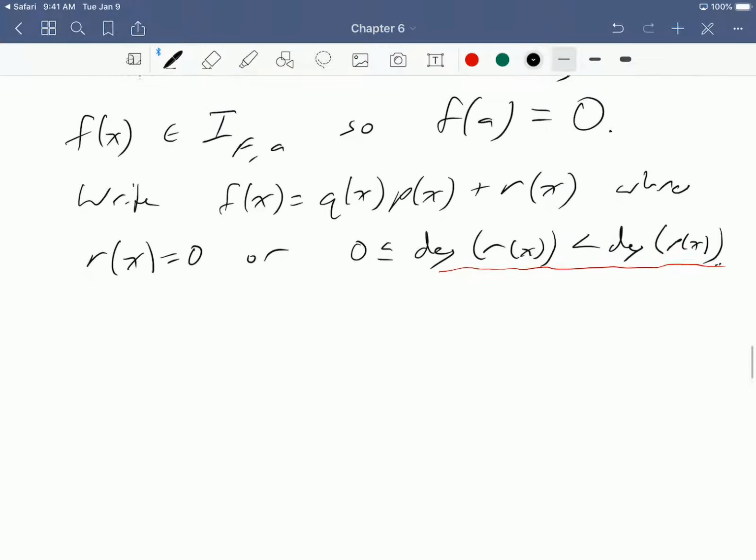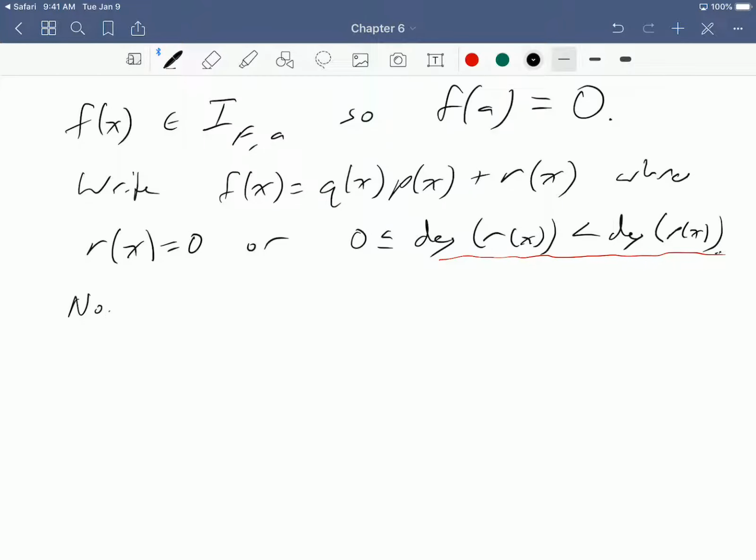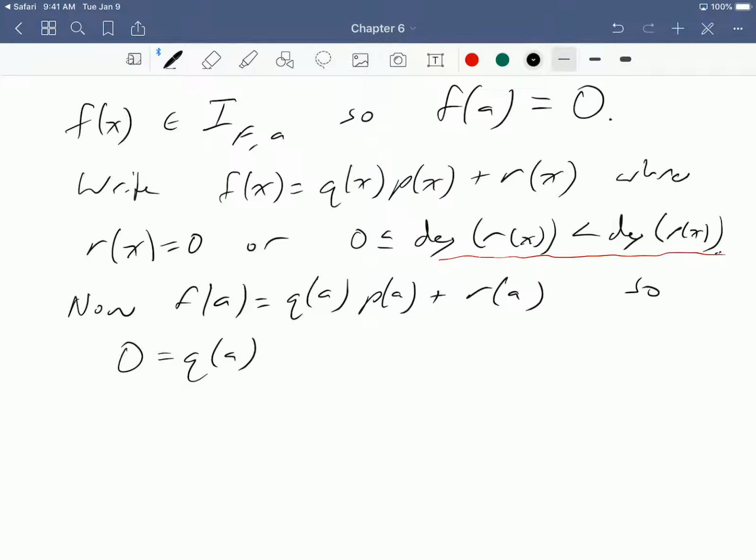All right, so now, just like before, we're going to plug in A. So f of A is equal to q of A times p of A plus r of A, but f of A was 0. I don't know what q of A is. That's fine. I can leave it there because p of A is also 0. And then I have r of A. I don't know what that is either. But if we look at that equation, it means r of A is 0.